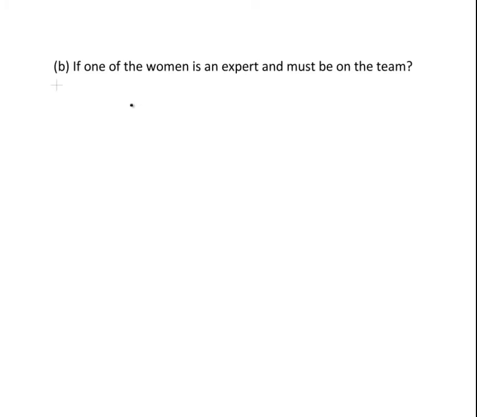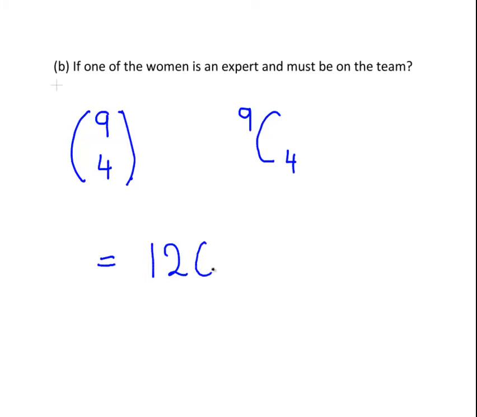We pick 4 from the other 9, and using the other notation, that is 126 ways. So one of the women must be selected, and essentially it's just picking 4 other people from the remaining 9.